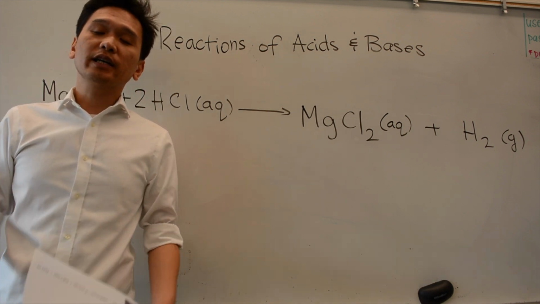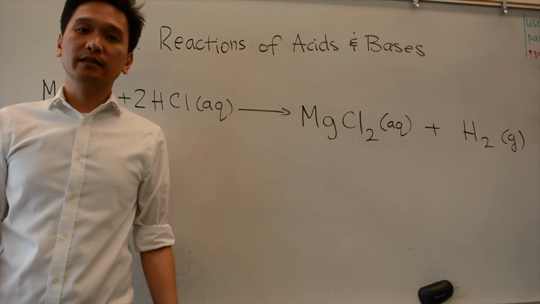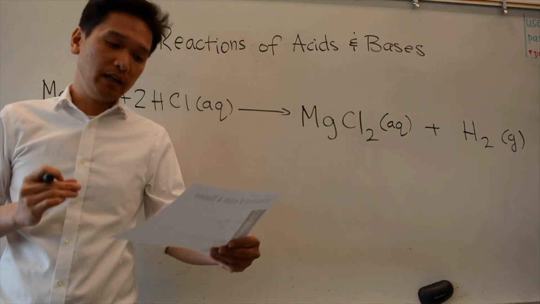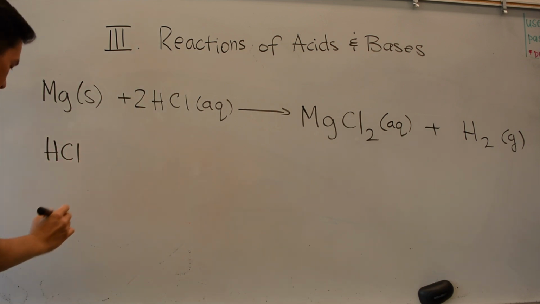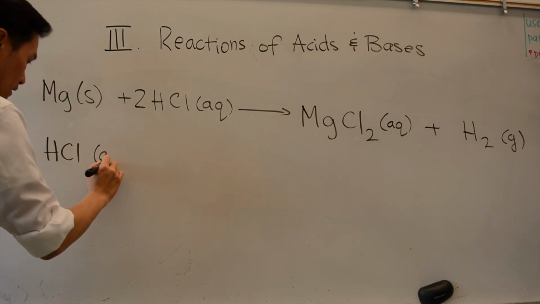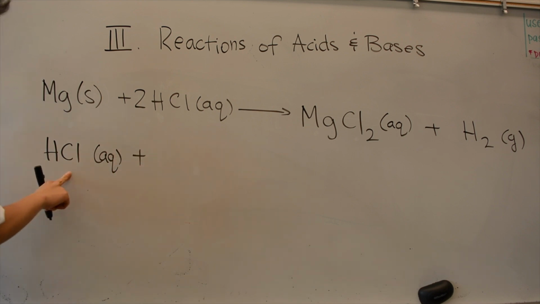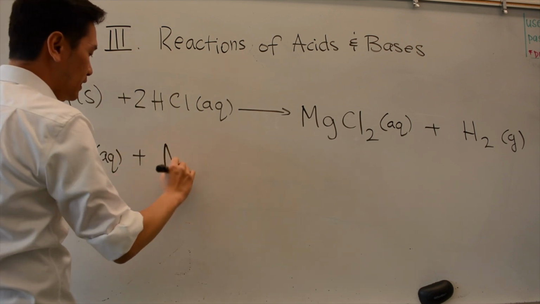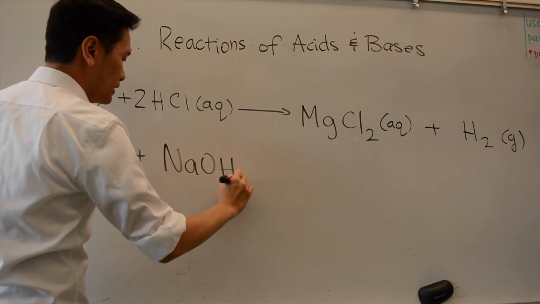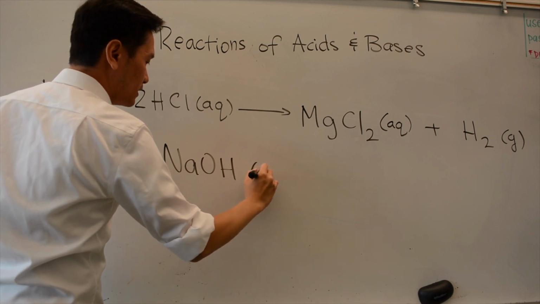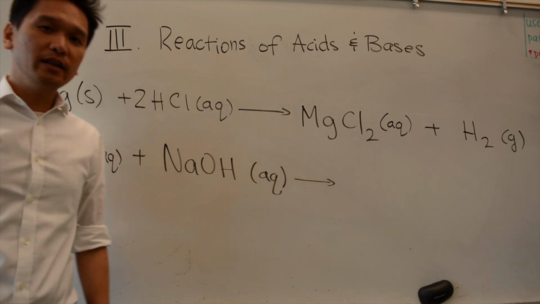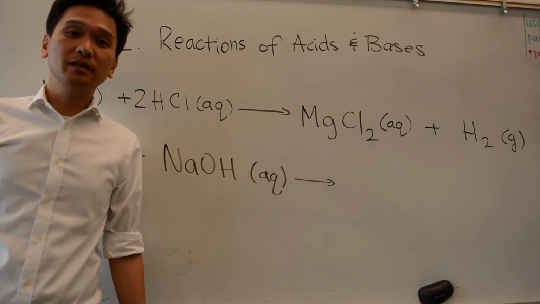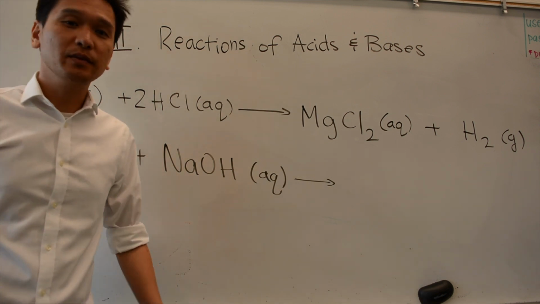Another one is a more canonical example of an acid-base reaction, where you have an acid reacting with a base. For example, if I added HCl, which is your acid, and you add in a base, NaOH, that is your base. What would we get? You want to think about this like a double replacement or double displacement reaction.